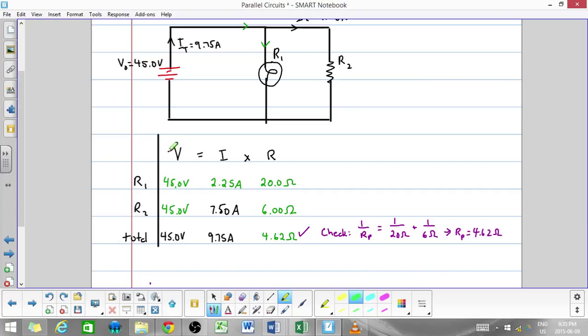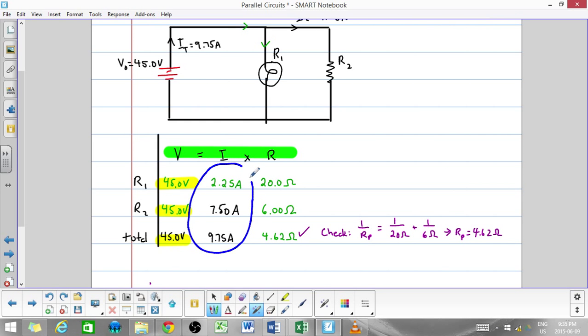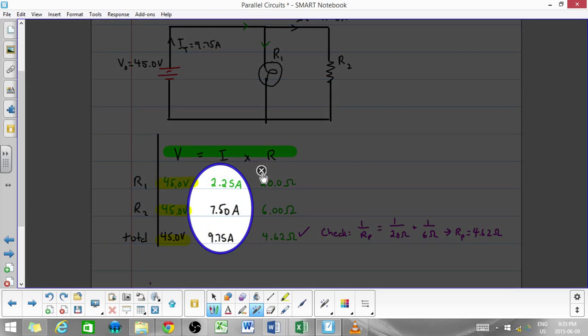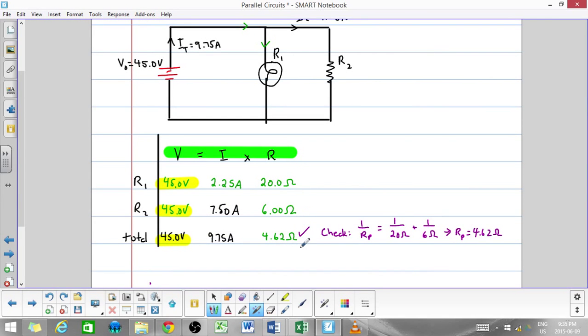Okay, so remember, it's all governed by Ohm's law. You've got your voltage the same everywhere in the circuit. And you've got the current in the branches adding up to the total current in the circuit, as well, of course, as our goofy parallel relationship. So that's how parallel circuits work. Good luck.